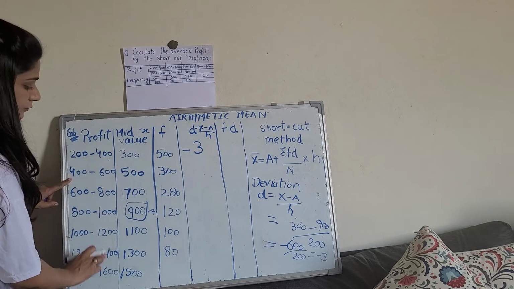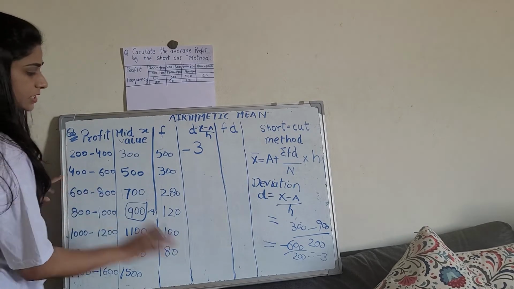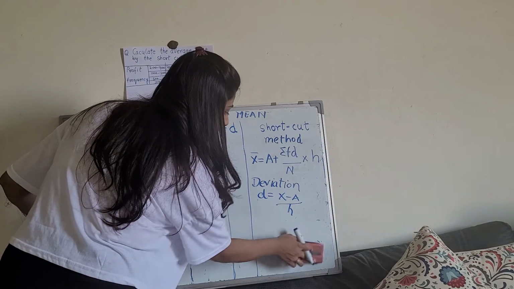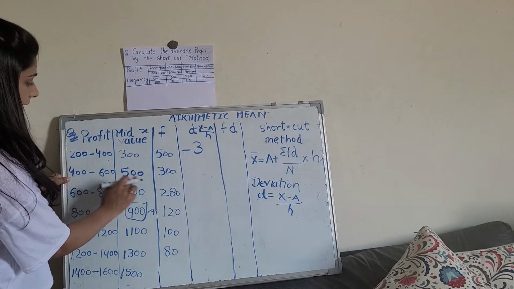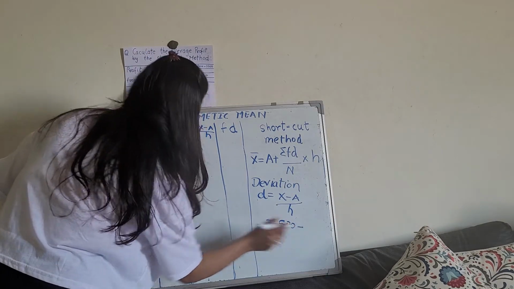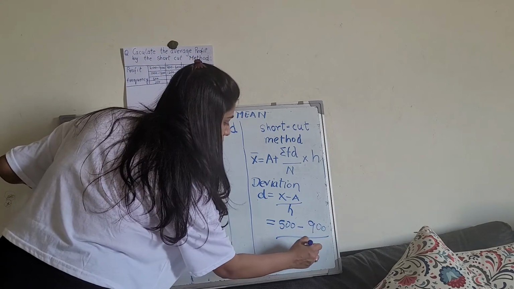Similarly, we will calculate for all the class intervals. Let me quickly calculate for the second class interval. 400 to 600, x value is 500, and a value is 900, and h value is 200.